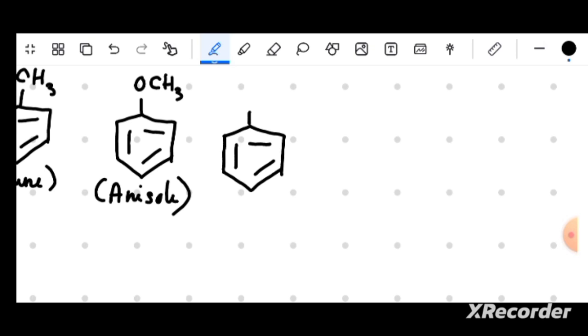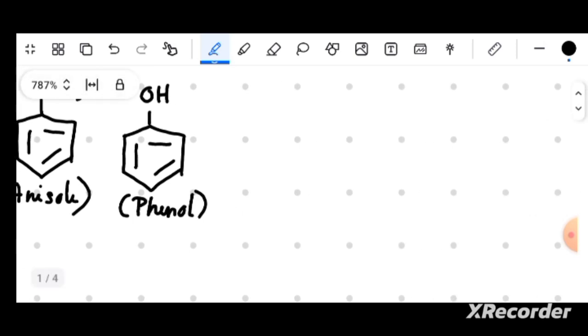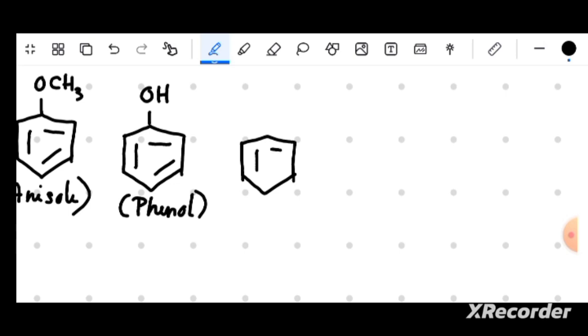If it is OH directly, then it is phenol. If it is COOH directly, then it is benzoic acid.